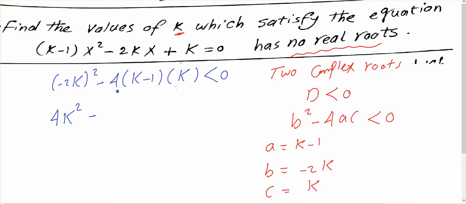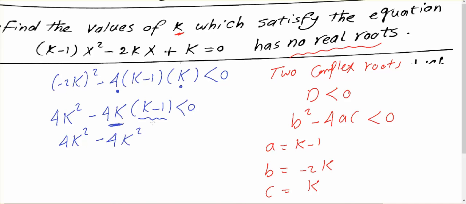We can multiply 4 and k first: 4 times k equals 4k, times (k minus 1), smaller than 0. 4k power 2 minus, can we multiply 4k by the bracket? Yes: negative 4k times k is negative 4k power 2, and negative 4k times negative 1 equals positive 4k, smaller than 0. 4k power 2 minus 4k power 2 equals 0.